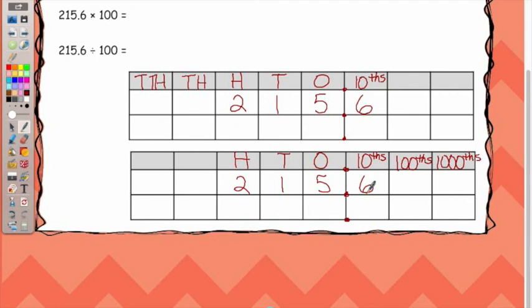Poncho, come and write it on the board. For the first one, 215 and 6/10 times 100.